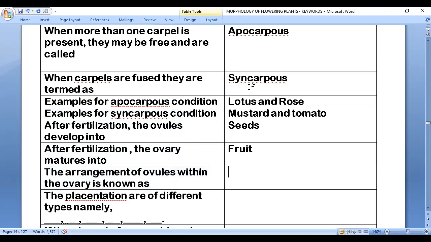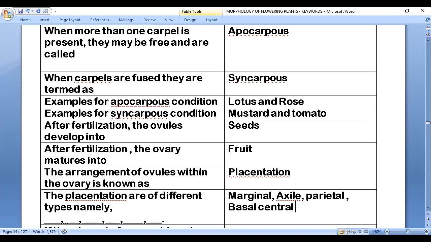The arrangement of ovules within the ovary is known as placentation. Placentation is of different types, namely marginal, axial, parietal, basal, central, and free central.